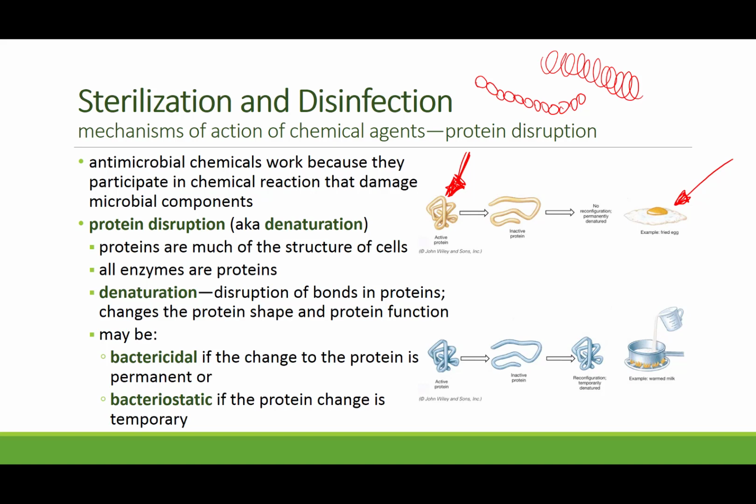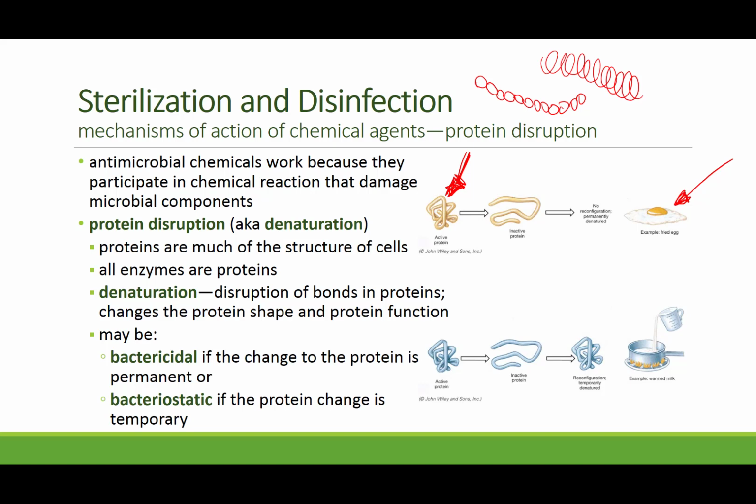Some chemical reactions may only temporarily denature the protein, but long enough to kill the cell. And then the protein will renature, or reform into its specific structure. That's why warming or heating milk is important. If you were going to make yogurt at home, you would heat up the milk, almost boil it. That heating would temporarily denature the proteins in the microbes.